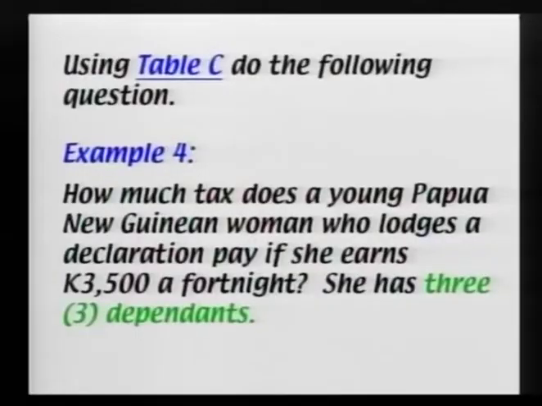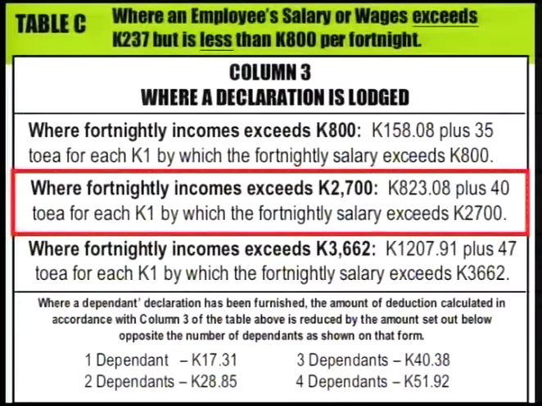Okay. She earns 3,500 kina. She lodges a declaration and she has 3 dependents. So 3,500 kina, that amount will come under column 3, where it says where the fortnightly income exceeds 2,700 kina.